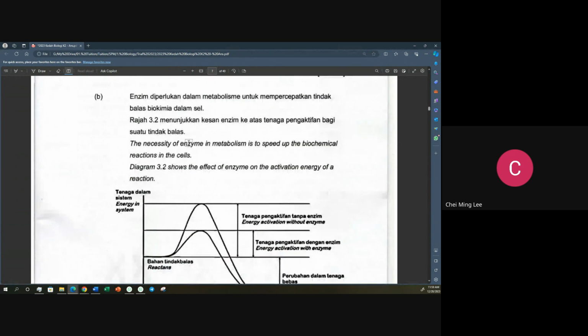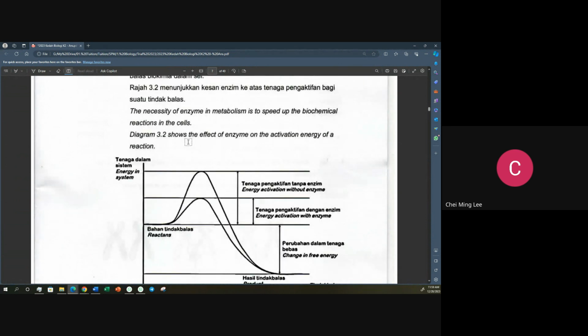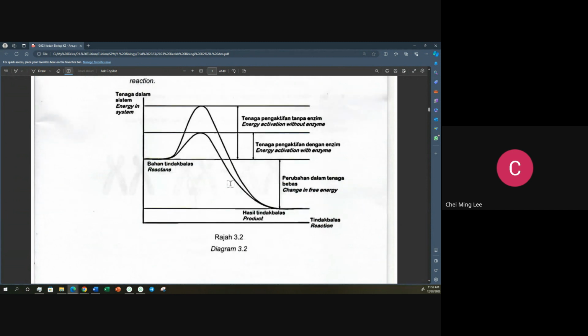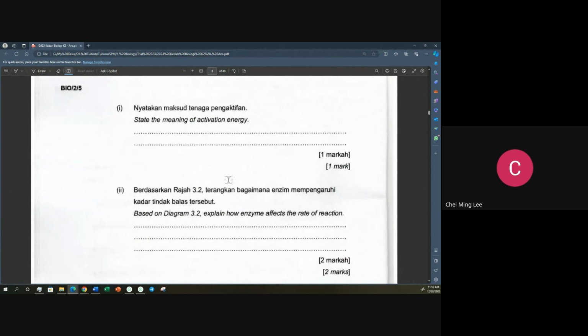Now, the necessity of enzymes in metabolism is to speed up the biochemical reactions in the cell. Diagram 3.2 shows the effect of an enzyme on the activation energy of a reaction. State the meaning of activation energy. It is the energy needed to break the bond in the substrate molecule before the reaction occurs.